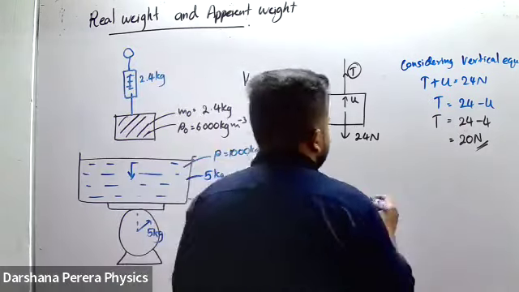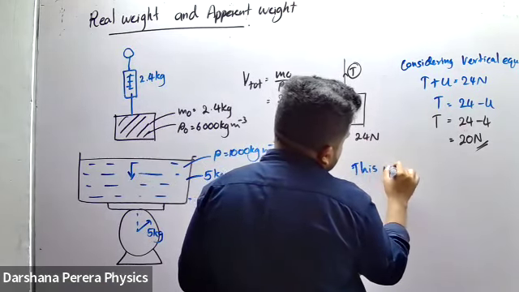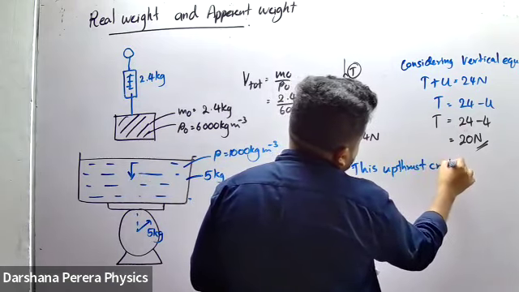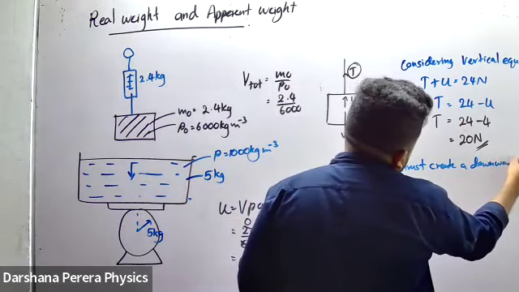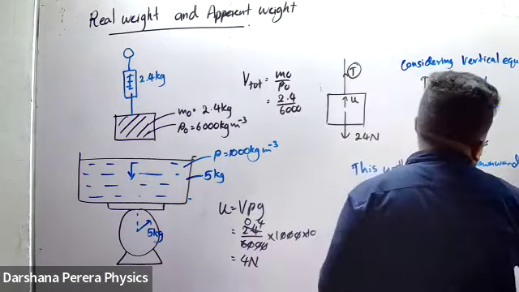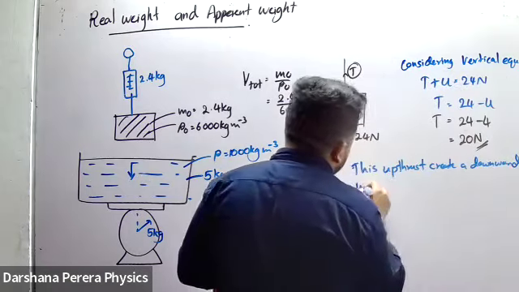Therefore, this upthrust creates a downward thrust on the water.